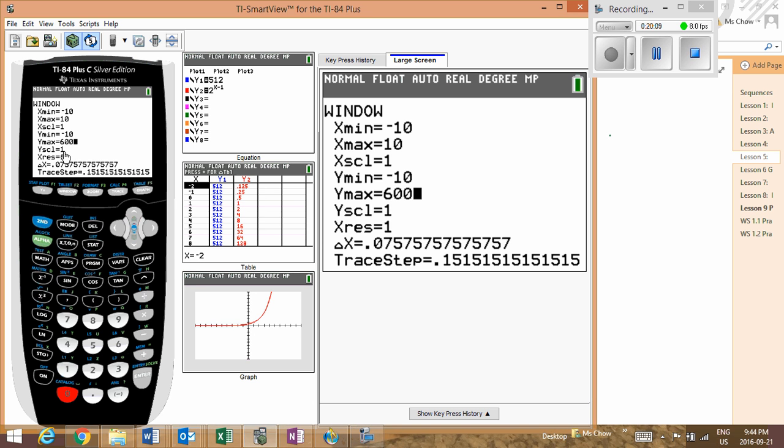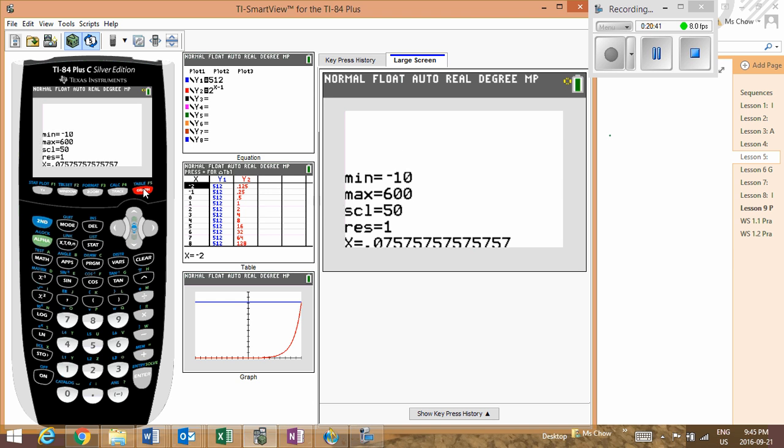The y scale, I really don't want my calculator to count up by ones in this case, so perhaps I'll have it count by 50s. And because I know that the intersection, you can see my graph already adjusting for us, is right on the edge of the screen, I'm going to make x a little higher, and let's make that 15 then.